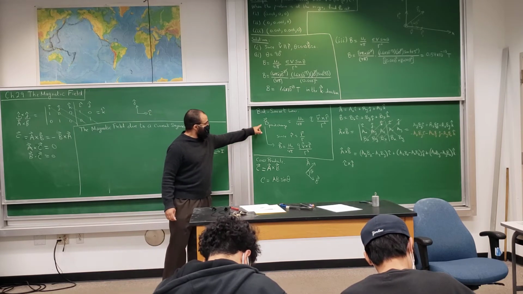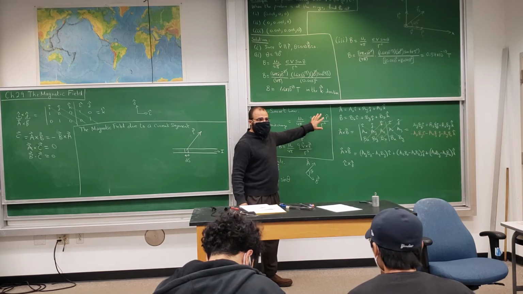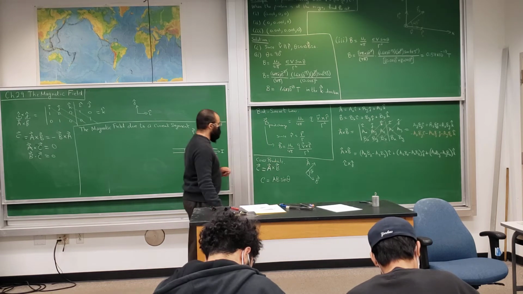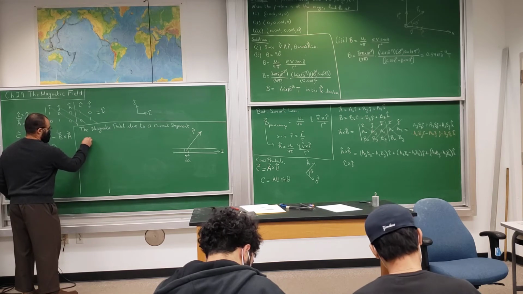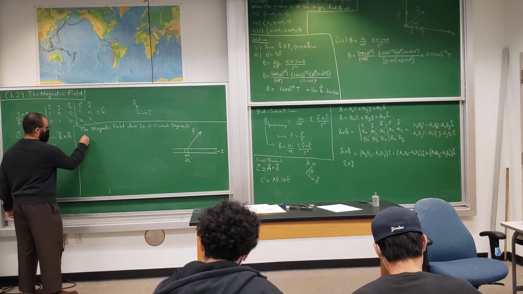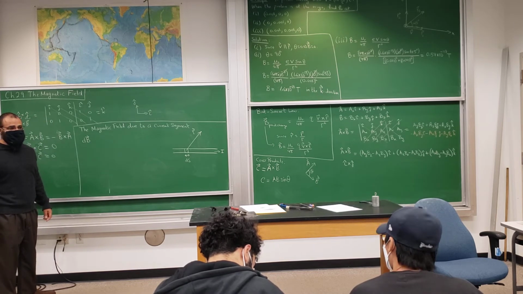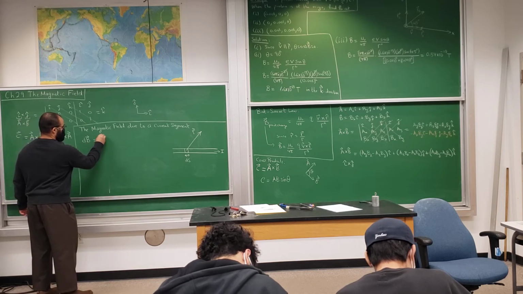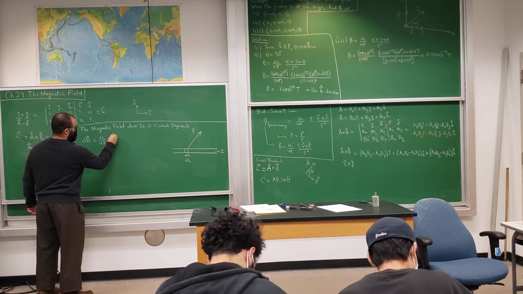For a point charge, if I have a charge q, this is the formula. What if I have just a small charge dq? I'll write it in differential form, dB. It would be mu naught over 4 pi, and instead of q I would write dq.